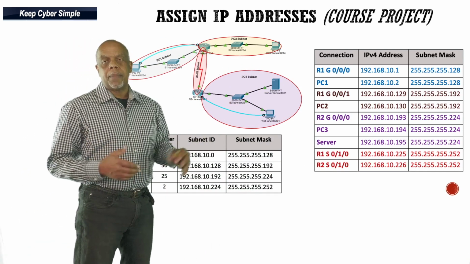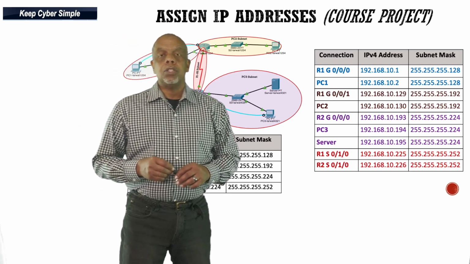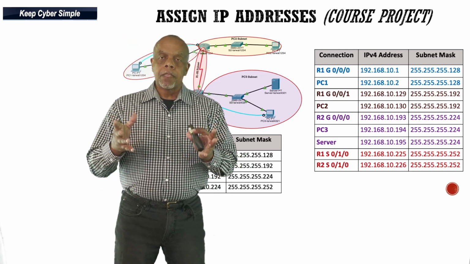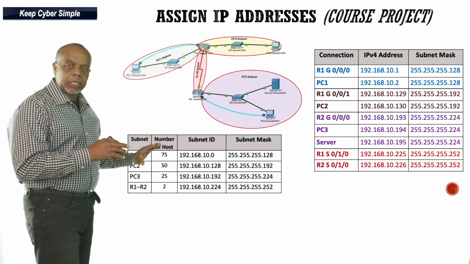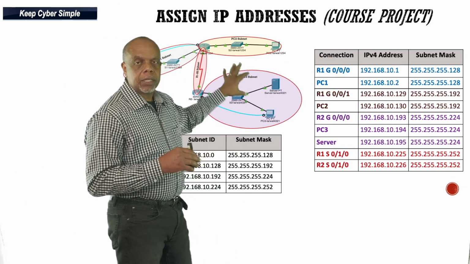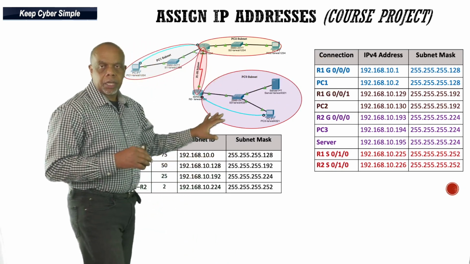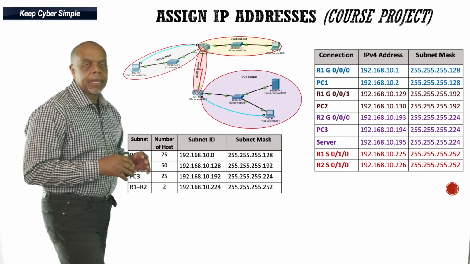They would have the subnet mask of 255.255.255.252. Okay, so now you see we broke it up into subnets. Then once we broke it into subnets, we start assigning the IP addresses based on the subnets, remembering that you cannot assign the subnet ID.